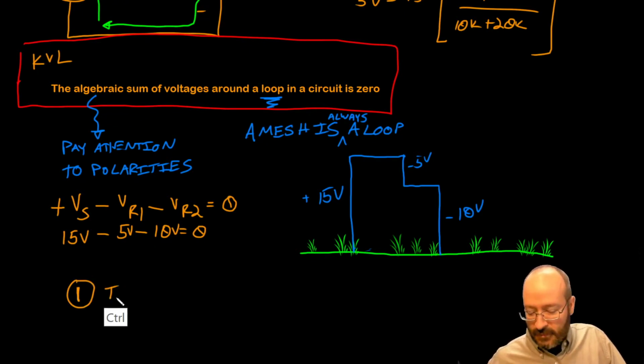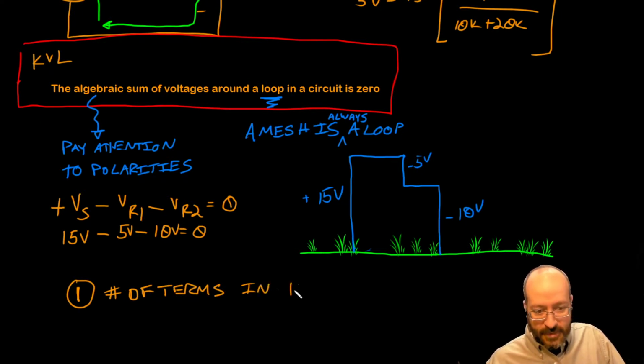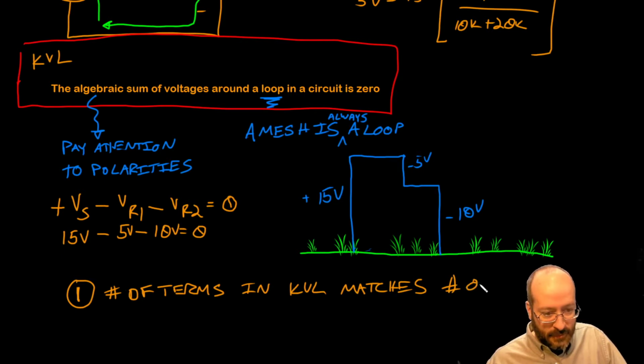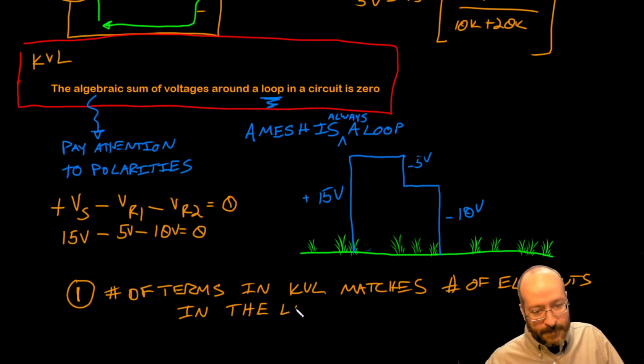The number of terms in the KVL matches the number of elements, components, I kind of use those interchangeably, in the loop. Not in the circuit, but in the loop that we're following.